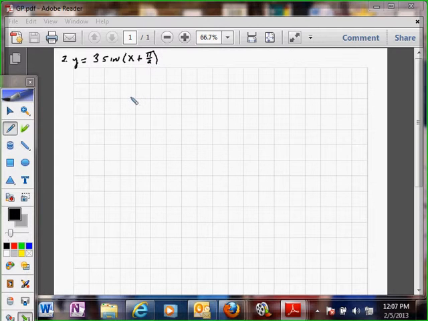Now, what you should be able to tell right now is you have a horizontal shift inside this parentheses. I'm going to go left pi halves units. And I have a vertical stretch by a factor of 3.